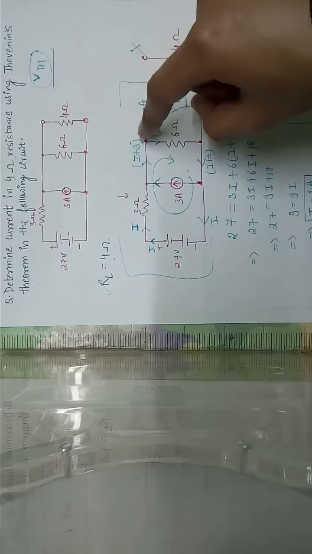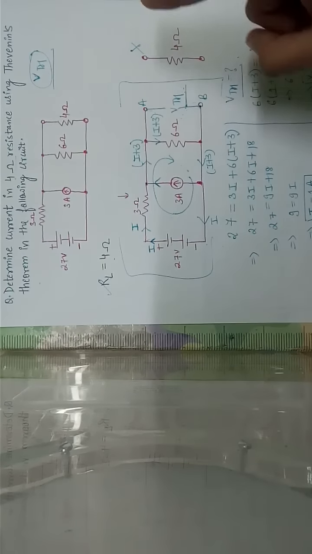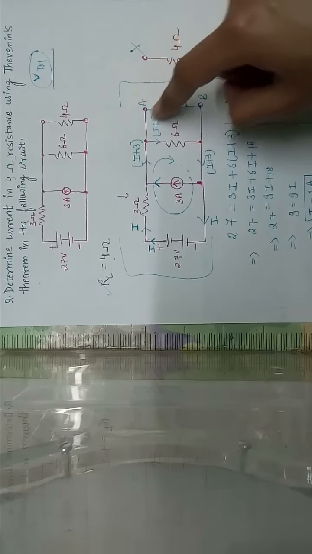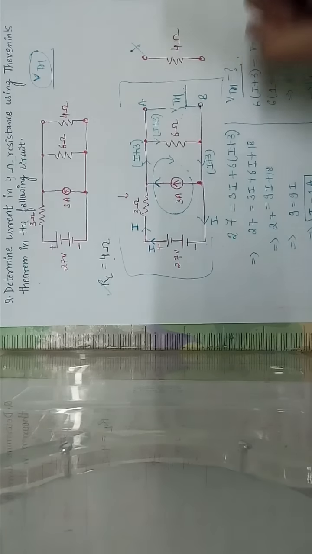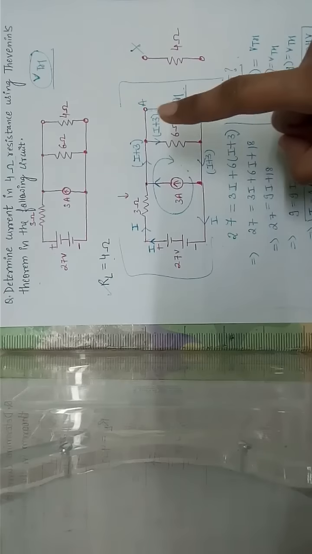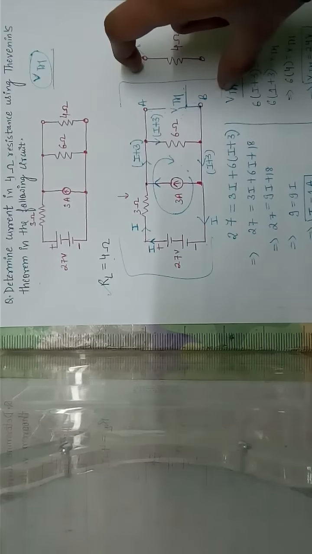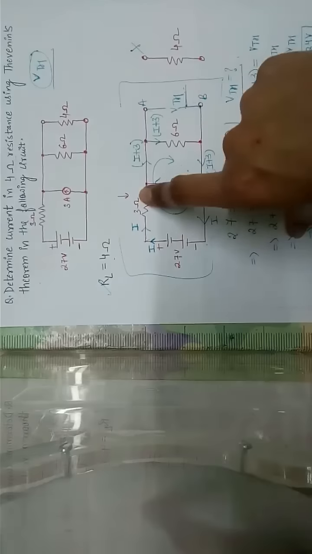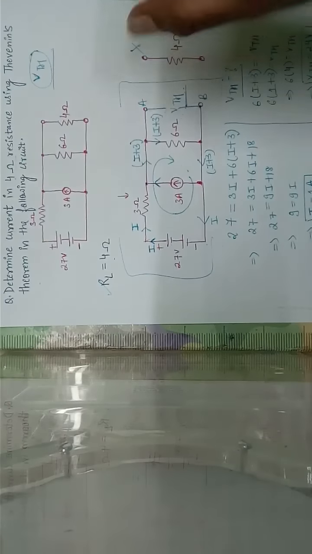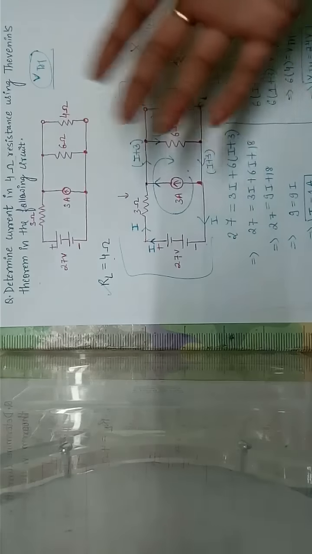After that, because these two branches have been open circuited, no current will flow through them. That's why the whole current flows directly through the 6 ohm resistor. This is the resistor that we have actually bifurcated from the main circuit, so we're not including it in the calculation.